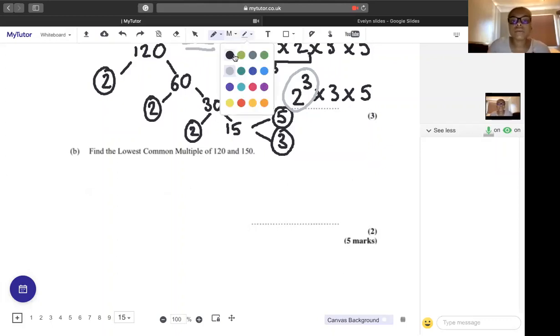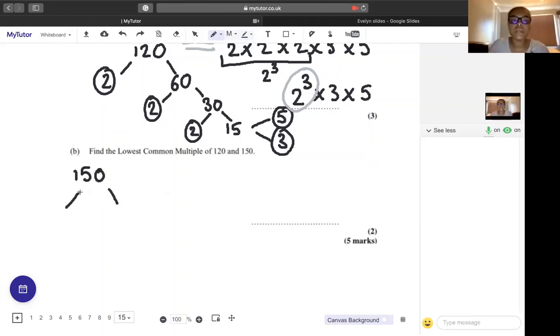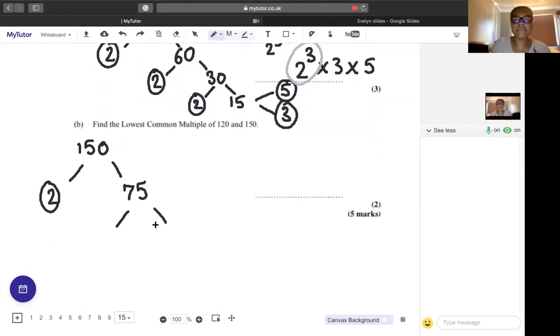So our next one is to work out the lowest common multiple between 120 and 150. So we've already written 120 as a product of its primes. So let's do 150. 150 is an even number. It's 2 times 75. And circle the 2. Now 75 is not an even number, however it is a multiple of 5.